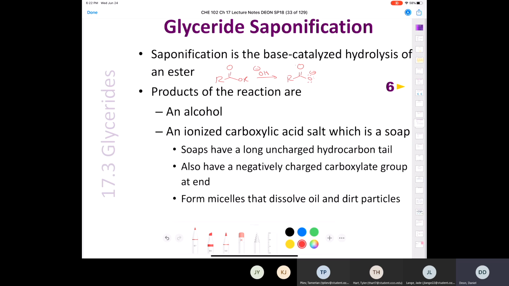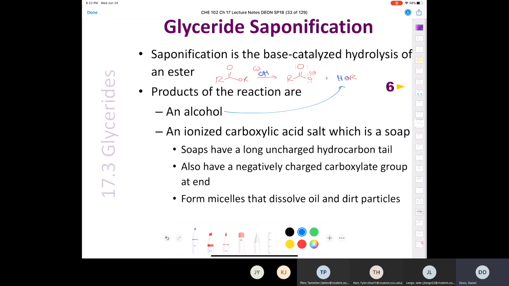I went over this in detail before with you guys, and you would also produce an alcohol. And of course, if we want to highlight that, this part, the hydroxyl, will actually be the part that's attached to the alcohol, like that. Now, the products are an alcohol.